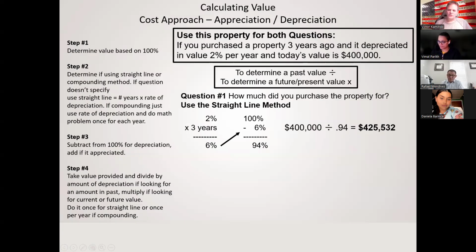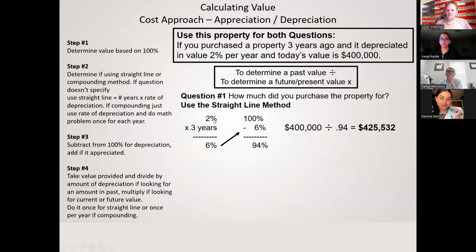Now, if it told us to use the compounding method, we would not multiply the rate of depreciation by the number of years. You just take the rate of depreciation, subtract it from 100%, and then you do the math problem 3 times. If you're doing the compounding method, you do not do this shortcut of 2% times the number of years.